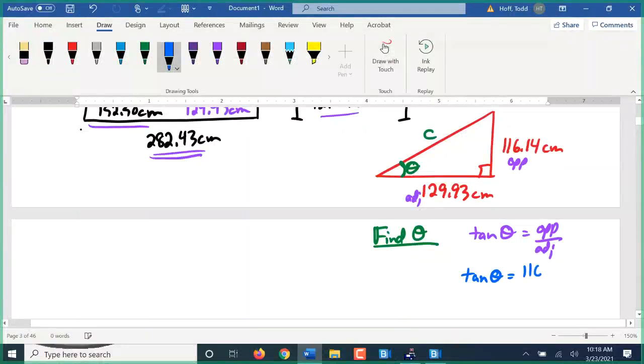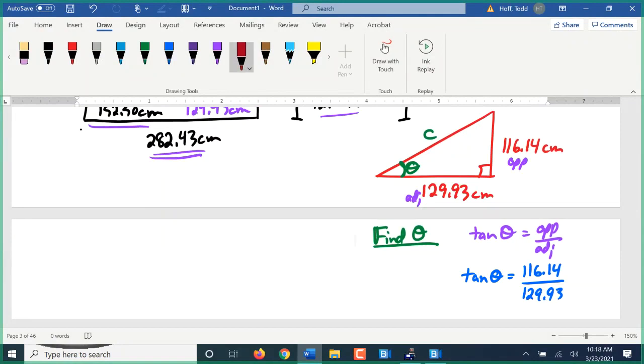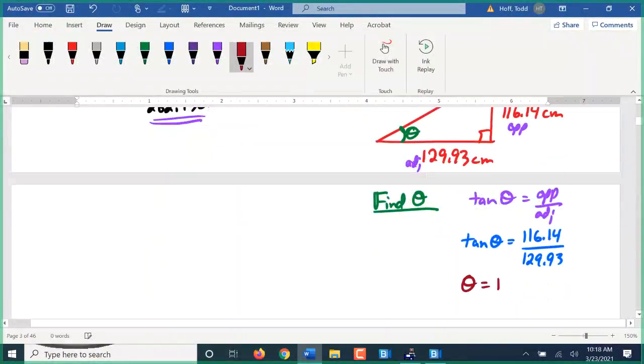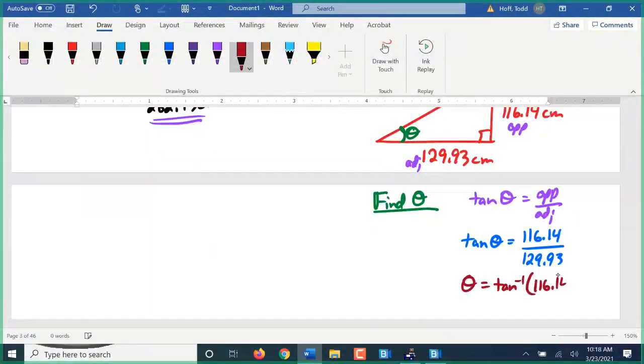Opposite side is 116.14. The adjacent side is 129.93. So theta, my angle, is the inverse tangent of 116.14 divided by 129.93.